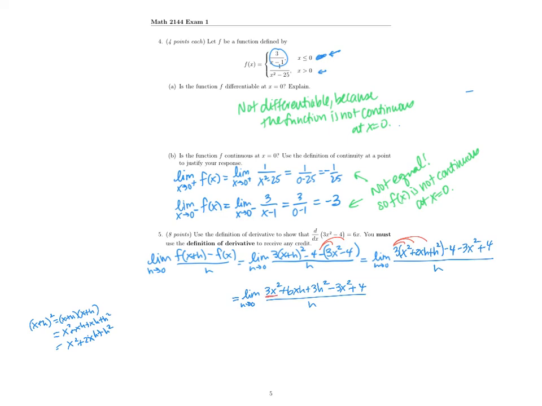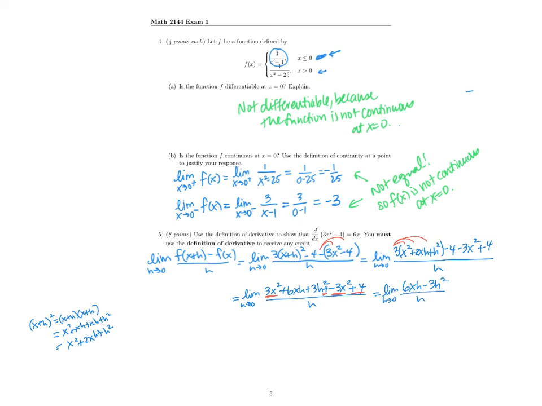I have the 3x squared and the minus 3x squared. And, oh, whoops, I lost a 4 there. I should have had a minus 4 here. And so that minus 4 and that plus 4 add to 0. And so what am I left with on top? I just have the limit as h goes to 0 of 6xh minus 3h squared over h.